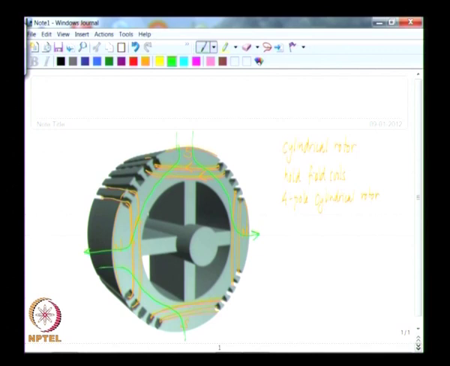Similarly, it would go like this, and then you would have the field coming out this way out of the surface of the machine. Now, when this rotor is going to rotate, the field structure generated by this rotor bodily rotates along with the rotor.